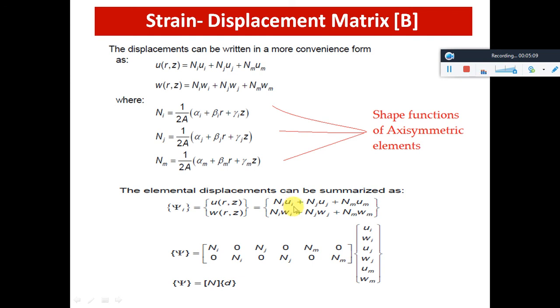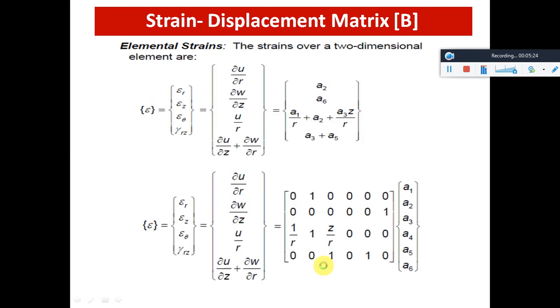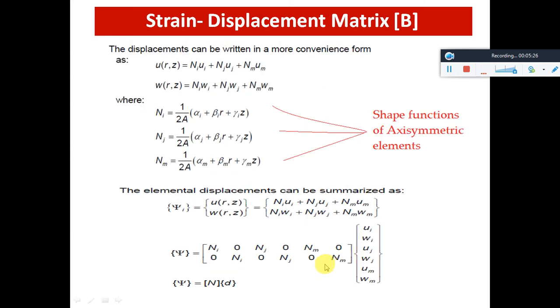Similarly here, this is Ni ui plus Nj uj plus Nm um. Similarly for w, it is Ni wi plus Nj wj plus Nm wm. Now we are going to write this in matrix form as shown below. So we will stop up to this and we will continue in the next class.